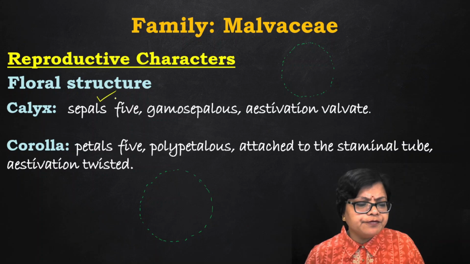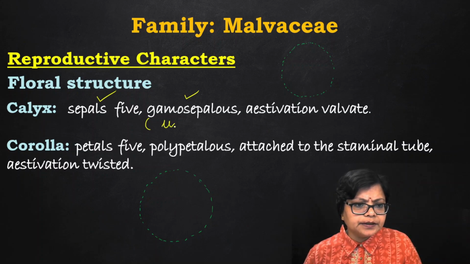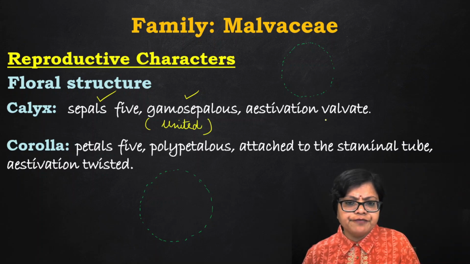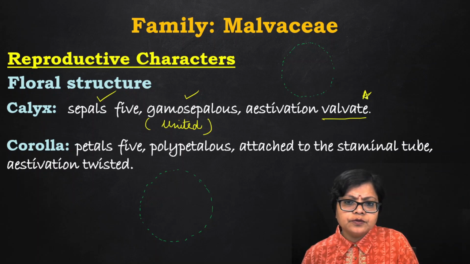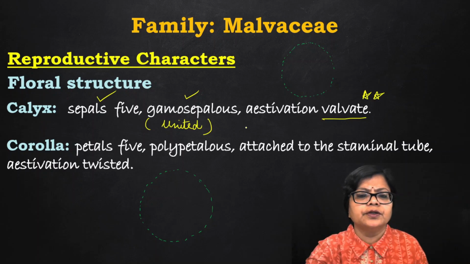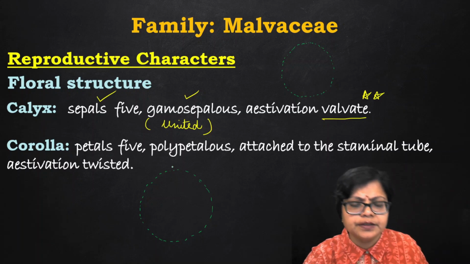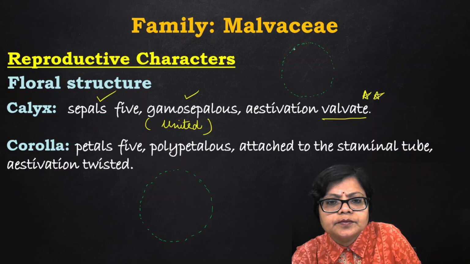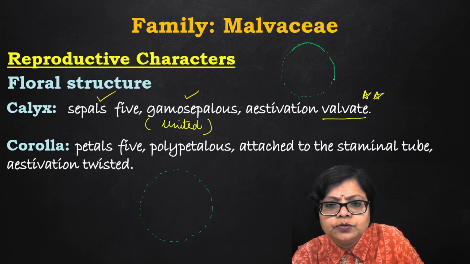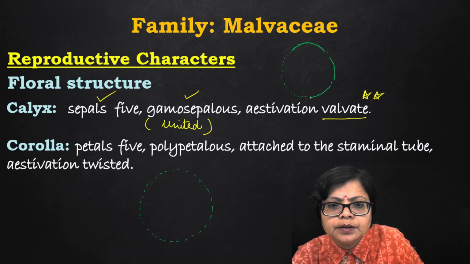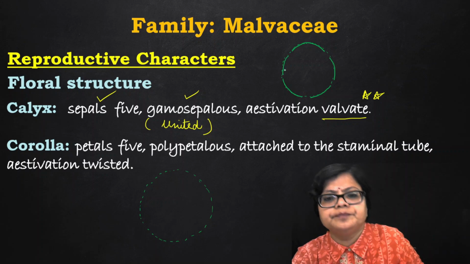Sepals 5 in number. Gamosepalous means sepals are united. Estivation valvate, this point to be remembered, very important point. What is valvate estivation? Valvate estivation means one, 2, 3, 4 and 5.